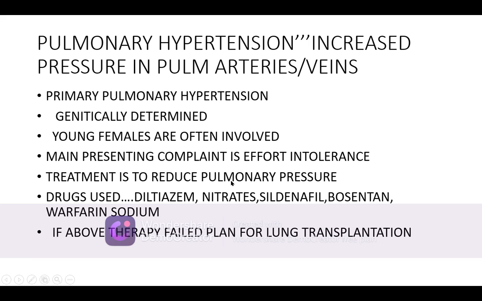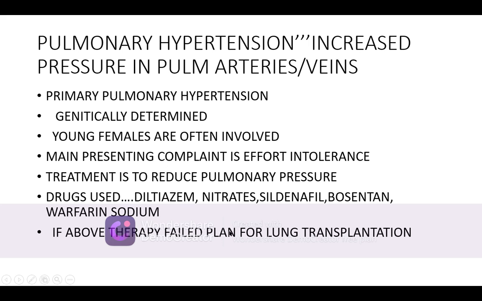So we use drugs like diltiazem and nitrates, sildenafil is used nowadays, bosentan, endothelin receptor blocker drugs, and warfarin sodium, because pulmonary embolism may be the associated cause, or may be the initiating cause, for the development of pulmonary hypertension.